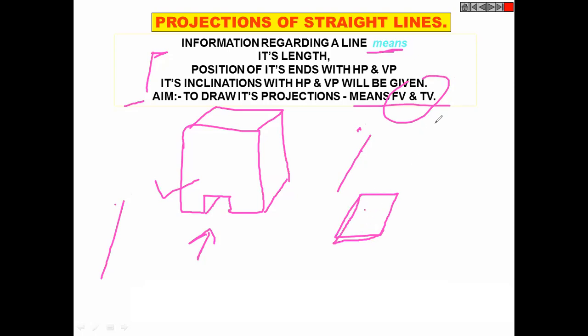So for this plane, you again need to draw the views. Many points together become a line, many lines together become a plane, and many planes become a solid. Again, you need to draw the front view, top view, and side view of this. Clear? We are already doing this in orthographic projections.